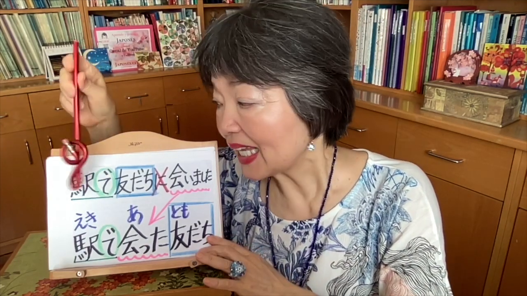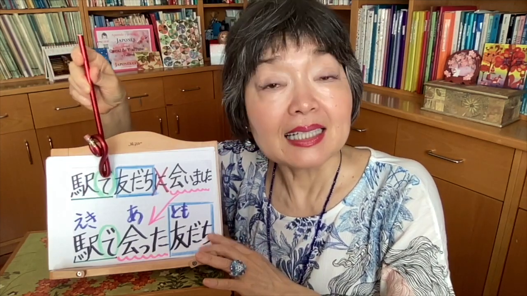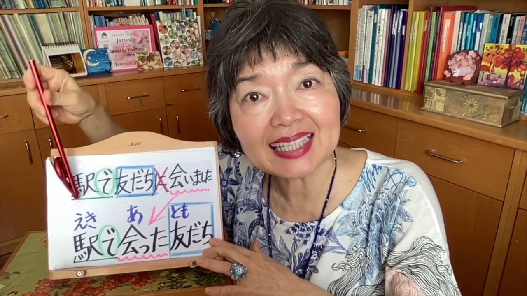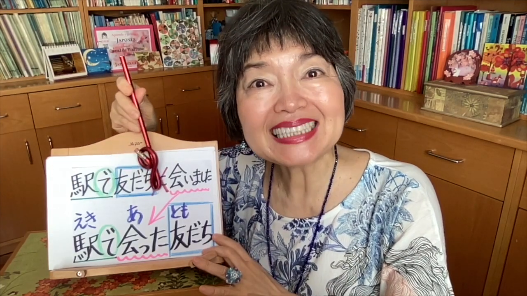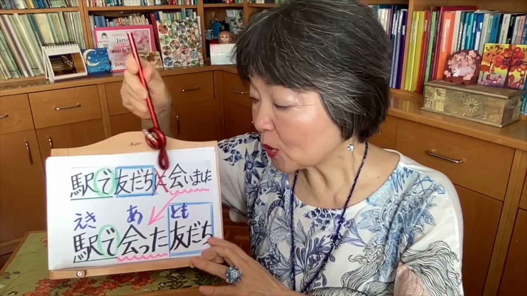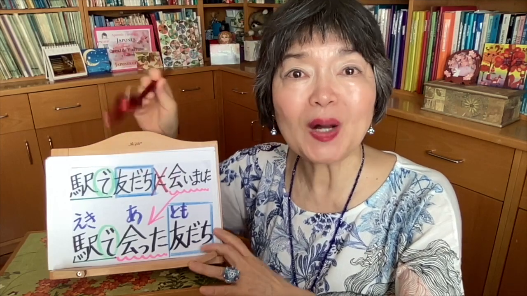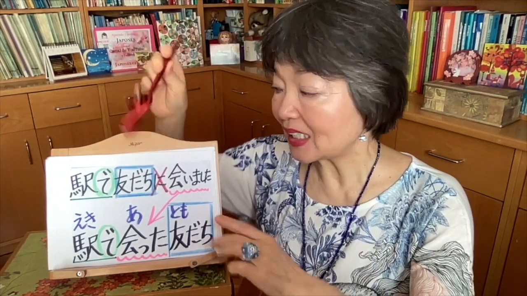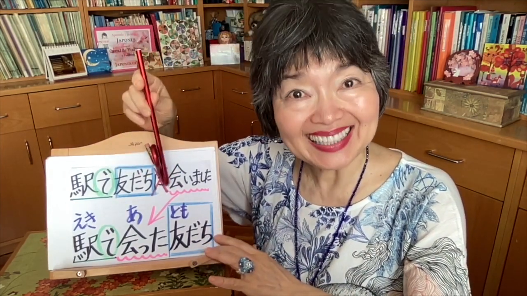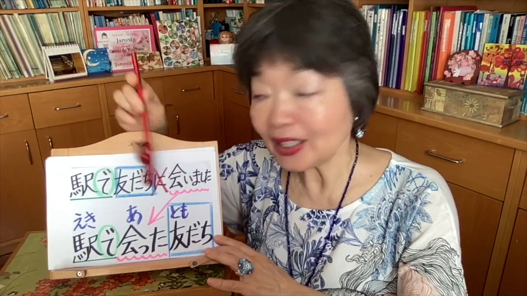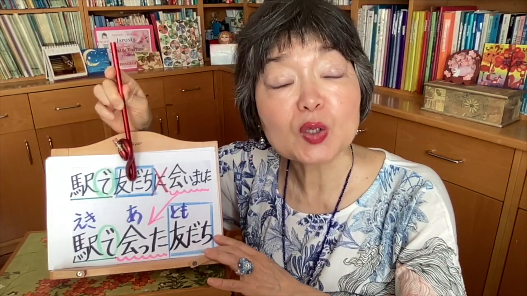Of course, this particle で is not going to disappear because it goes with 駅, the station. 友達に会いました. We use the particle に here because 会います is a very special verb. Someone に会います, so we must use the person に. That's why we use に here. And here に is attached to the word 友達.